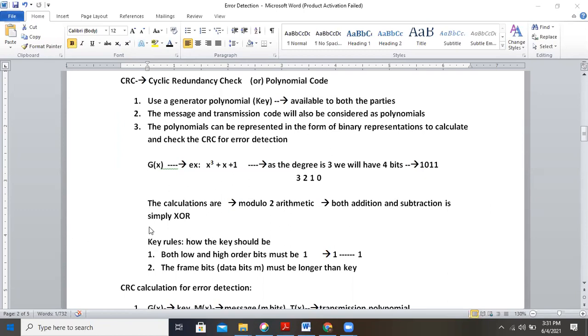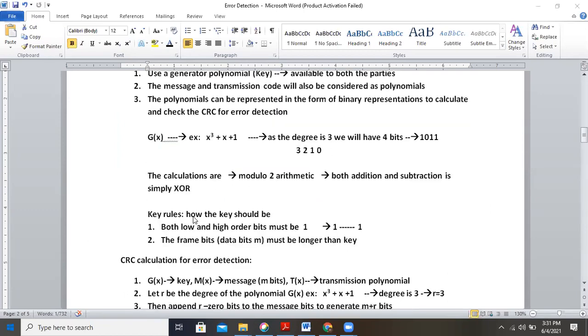Then coming to the CRC calculation. How do we perform it? In this calculation we must choose a key, which should be available at both sender and receiver. When choosing the key, you must follow two things. One is that both the low and higher order bits must be 1.